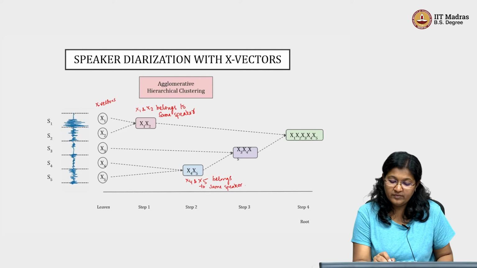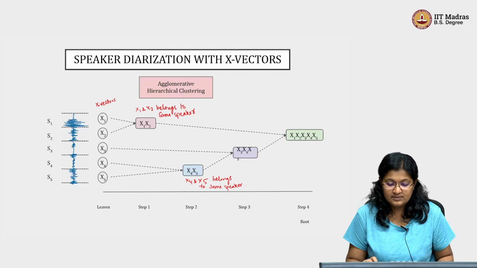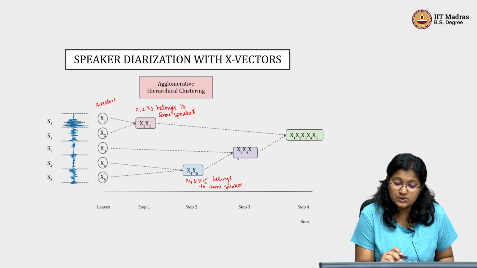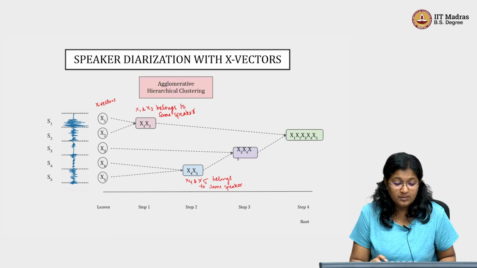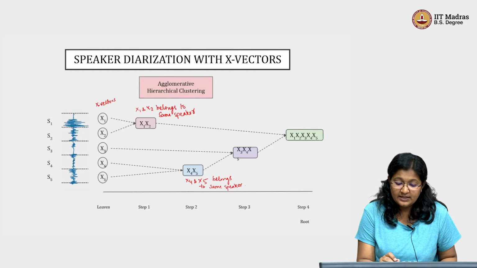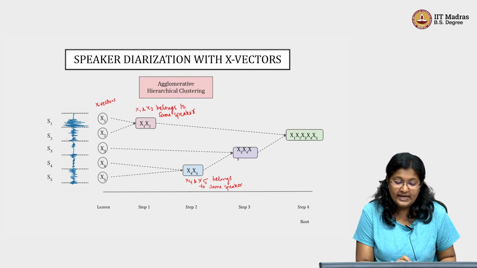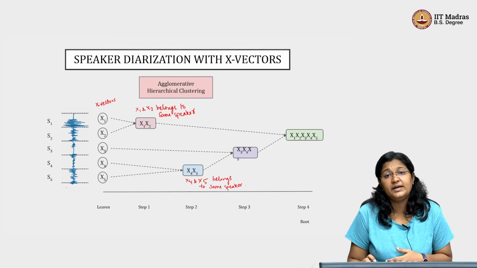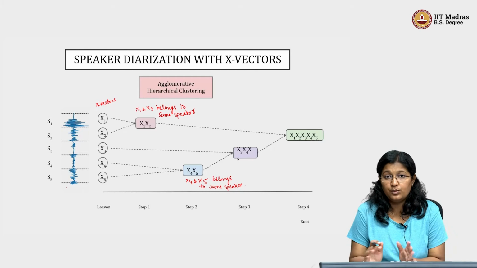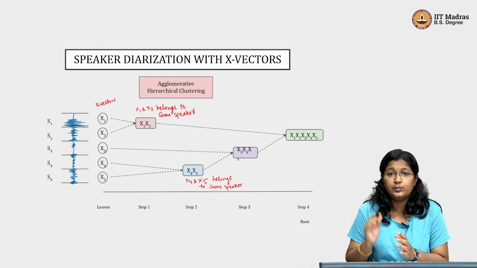But we still don't know whether these two are the same speakers. We know that S1 and S2 belong to the same speaker, S4 and S5 belong to the same speaker, but we are not sure whether S1, S2 and S4, S5 belong to the same speaker. They may belong to the same speaker, or it might be different speakers. We don't know until we perform all this clustering and then put a threshold somewhere.